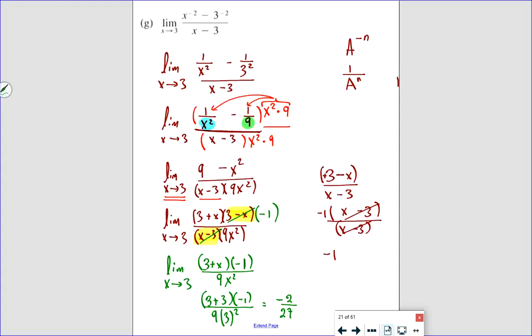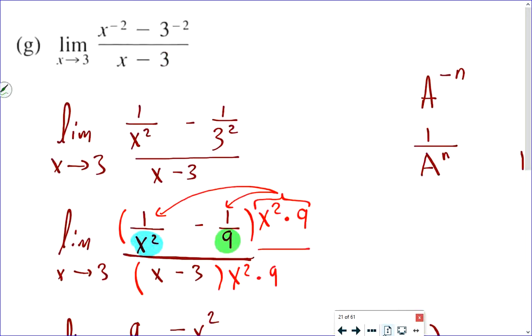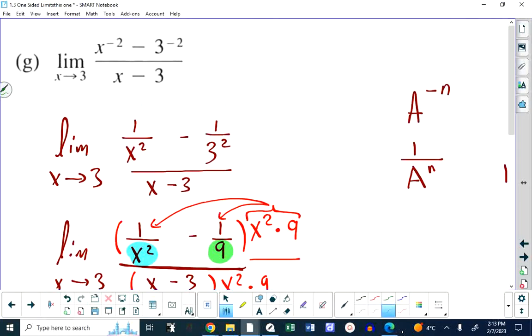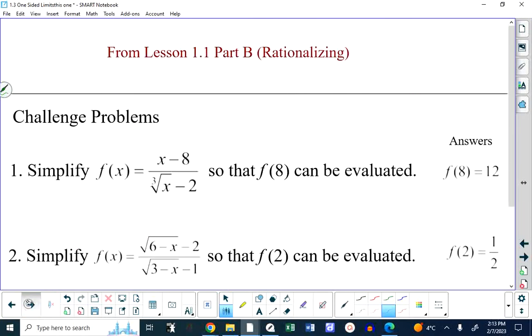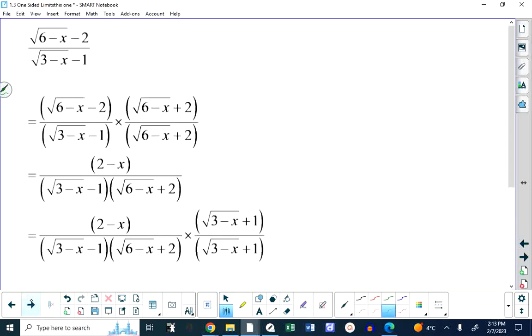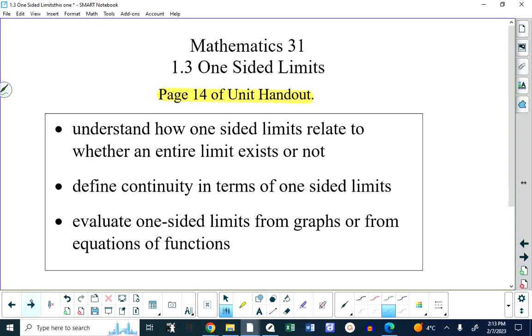All right, so we have one more thing that we would like to look at before we get back to calculus. And this next lesson is, well, first of all, it's found on page 14 of your unit handout. It seems to be kind of out of nowhere.